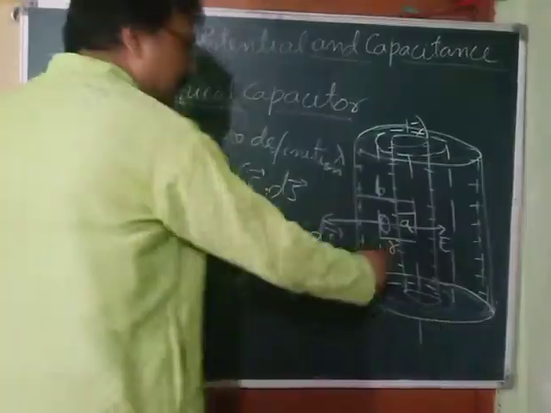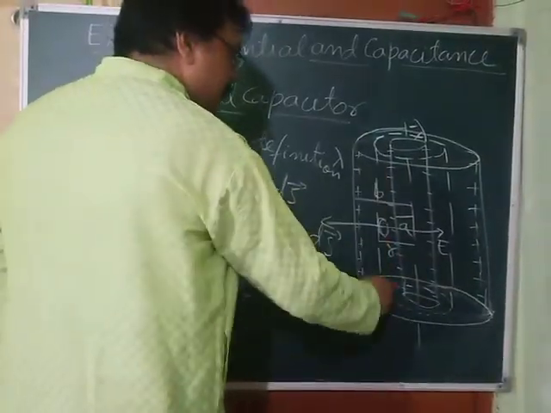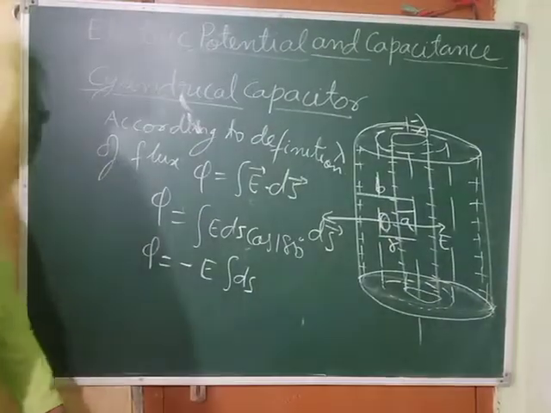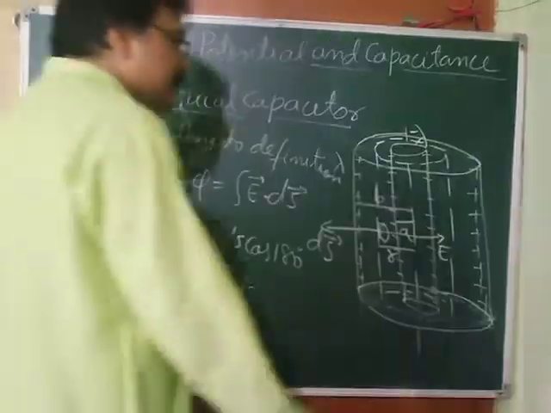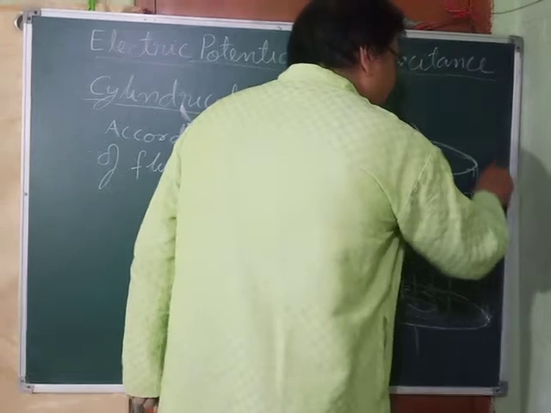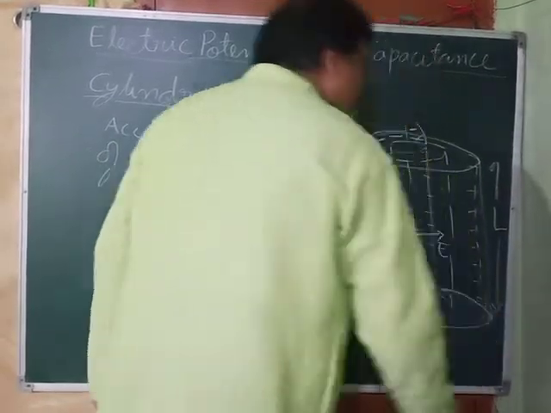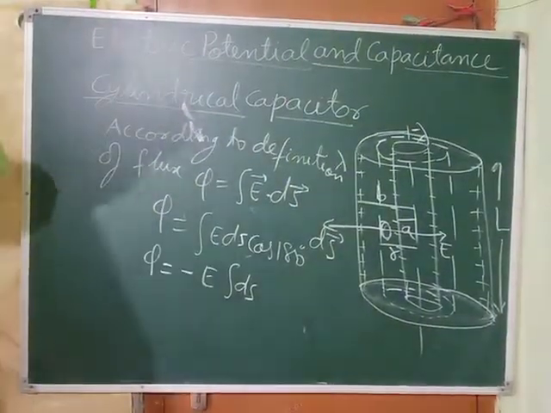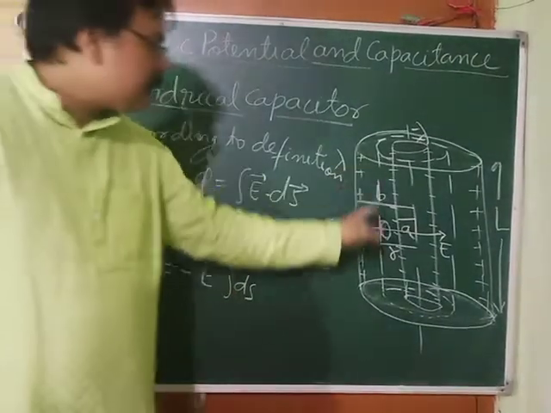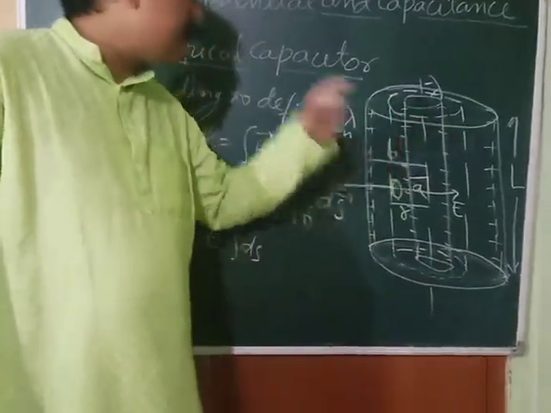Now what is the whole surface area of this Gaussian surface? Suppose the length is L; I have not given it. What is the total surface area of this Gaussian cylindrical surface?